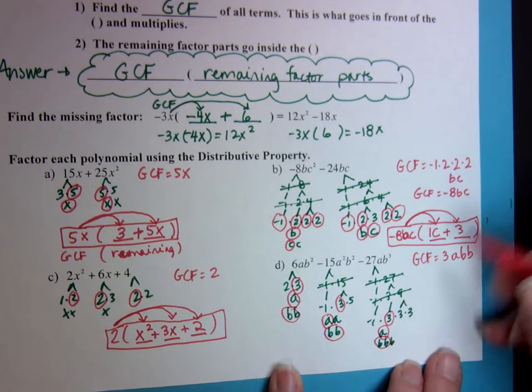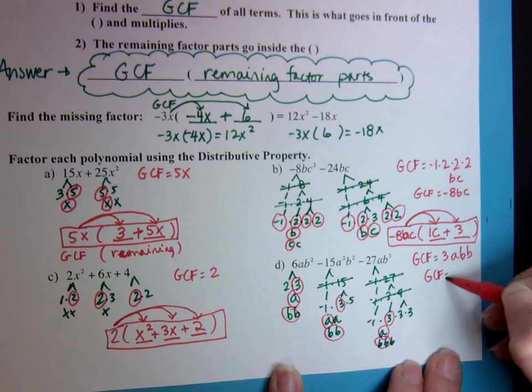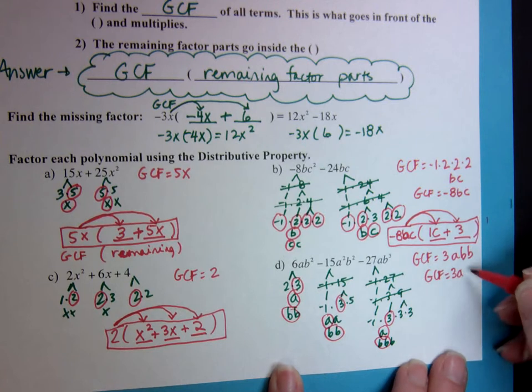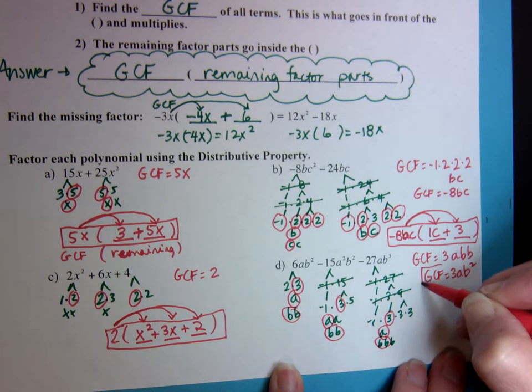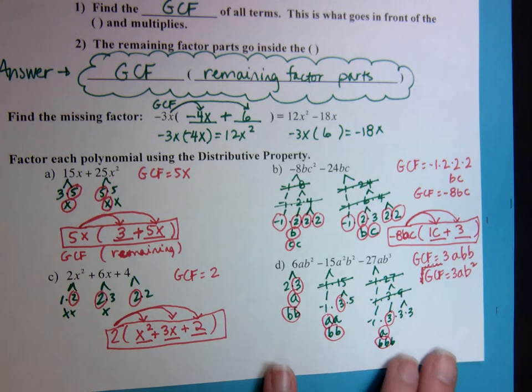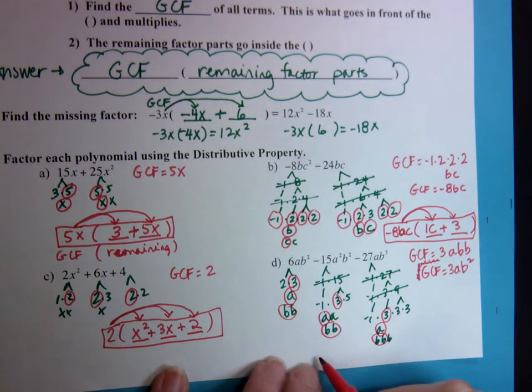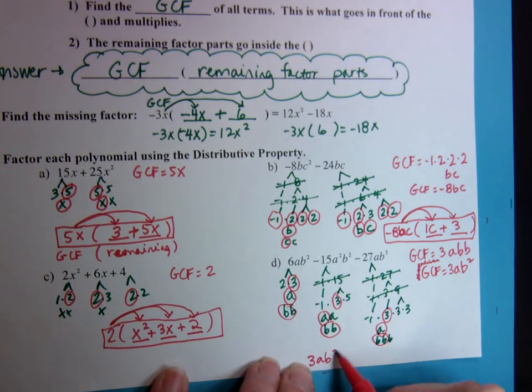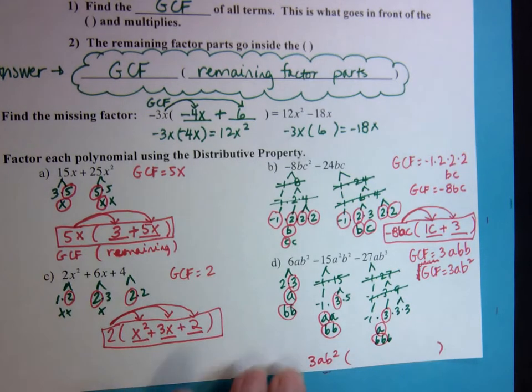So that means that our greatest common factor is 3ab squared. Good. And I don't need to circle that. All right, so now we take that 3ab squared, and we have to make our parentheses. How many terms are we going to have? 3.